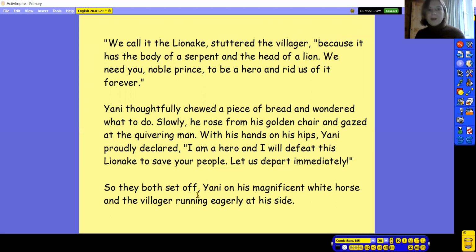And underneath, so they both set off, Yanni on his magnificent white horse, and the villager running eagerly at his side. So again, what we've done to remind the reader, and so the reader knows how they're travelling. Yanni on his magnificent white horse, again, refers to the fact he's rich, and the poor villager running eagerly at his side. So in those two sections, I have described the scene.